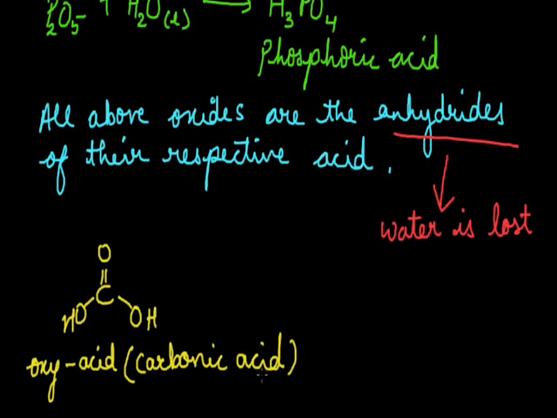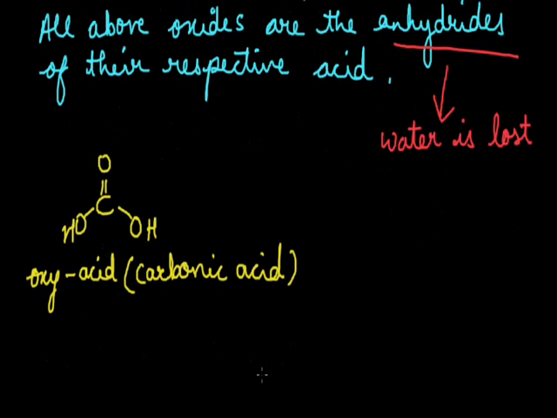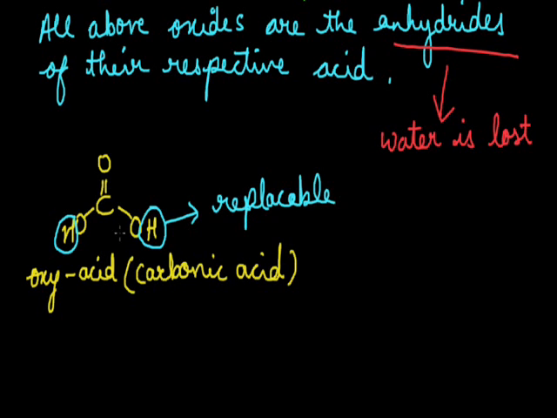Oxy acid means oxygen is attached to hydrogen which is replaceable. This hydrogen and this hydrogen, both are replaceable, and that is why I said it is a dibasic acid. Its basicity is 2.